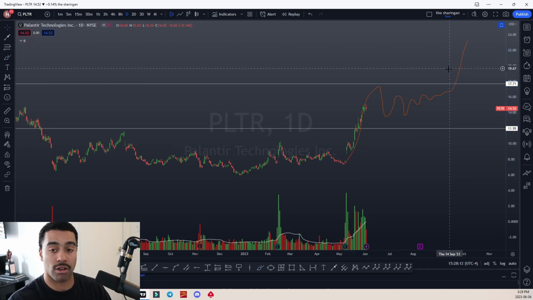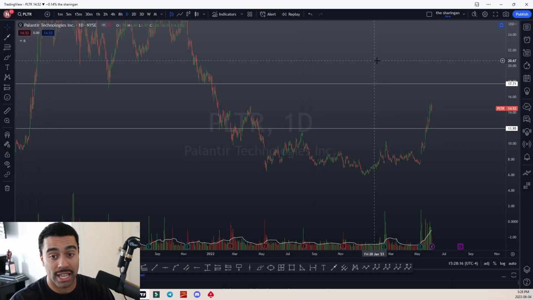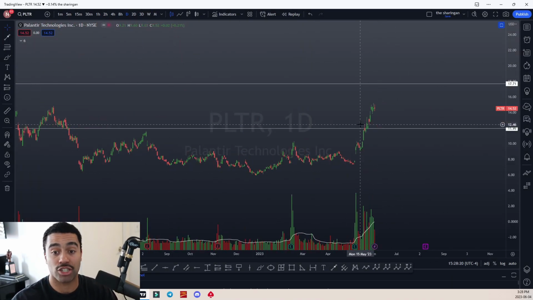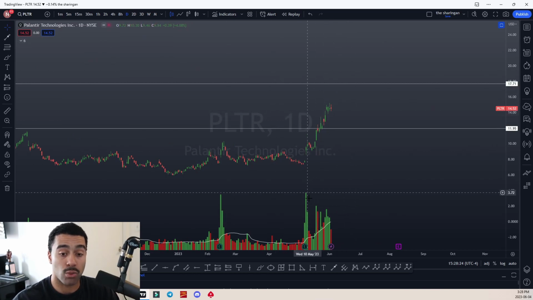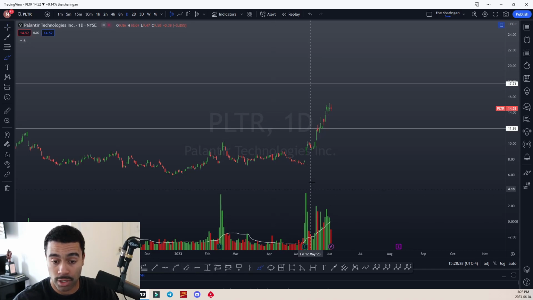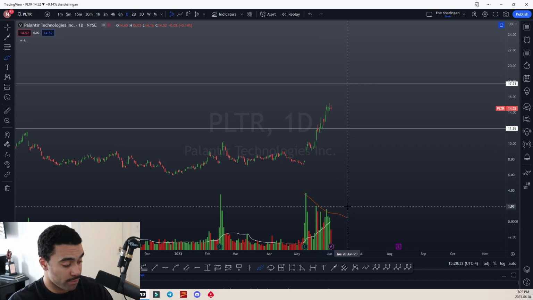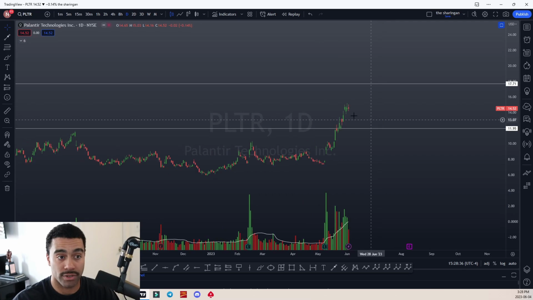That's what we want to look for now. It's going to eventually happen, just like we knew that this was eventually going to happen. It's just going to take time. PLTR is on the rip. It will eventually weaken out. As you can see, we slowly have volume decreasing here, which could eventually lead to a longer period of consolidation.